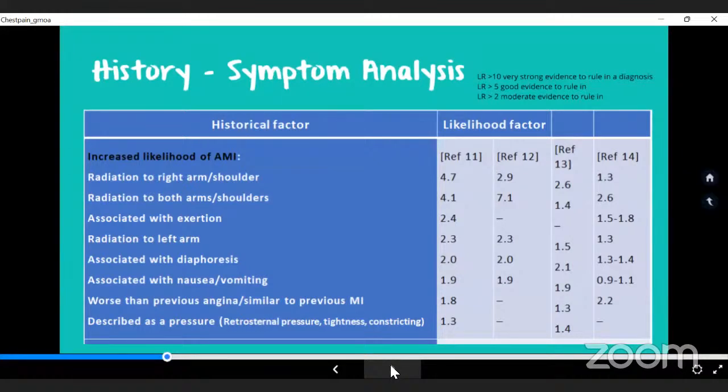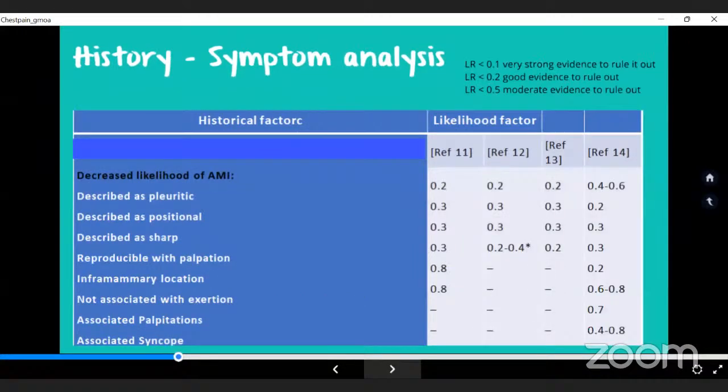At the same time, there are some features which have decreased likelihood also. Then when you hear that, we think, oh, this is not the typical MI-like chest pain. So those are pain that is pleuritic, positional, sharp pain, palpation causes some reproduction of the chest pain, and there's an inflammatory location and not associated with exertion.